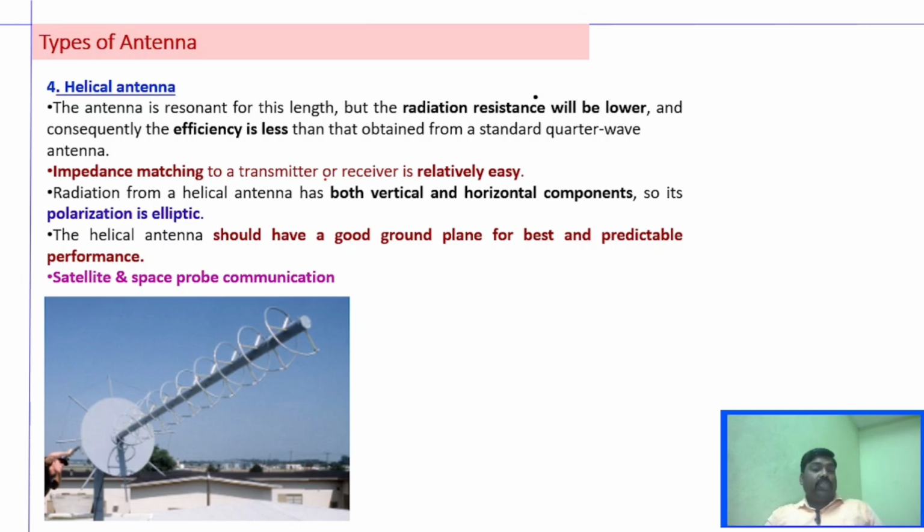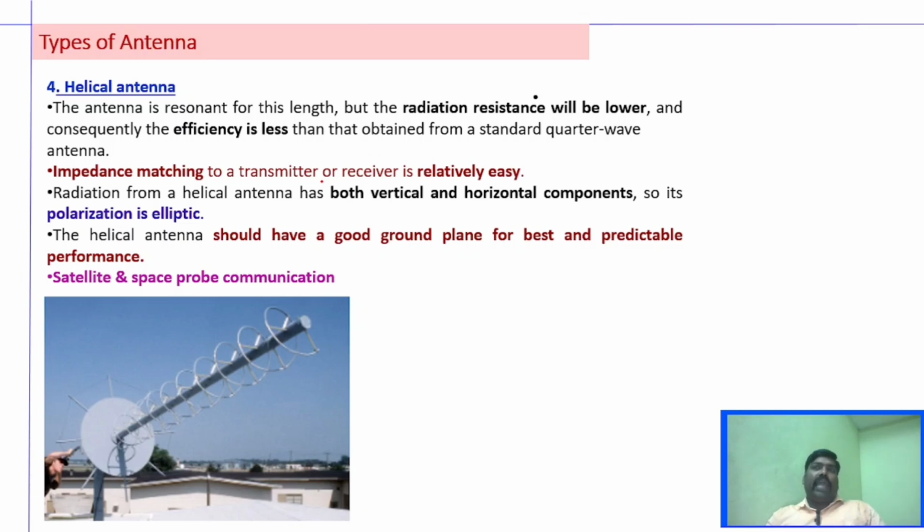Helical antenna should have a proper ground plane for the best and predictable performance, whereas in loop antenna we don't need a ground plane, right? And as I said, it is polarized effectively, as it has both horizontal and vertical components. These are the features of helical antenna.